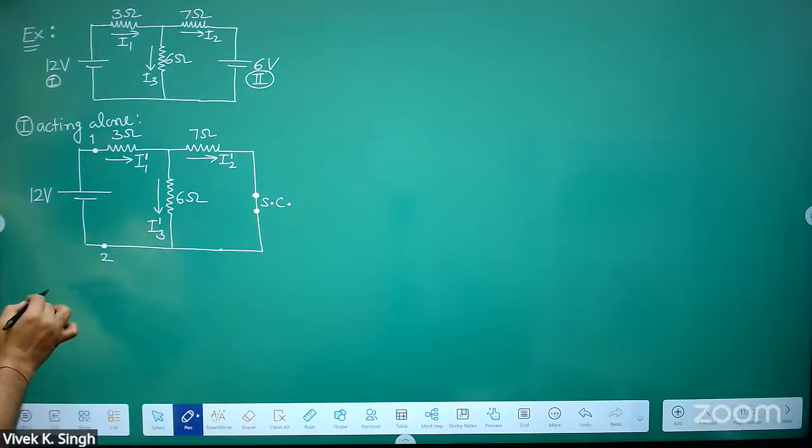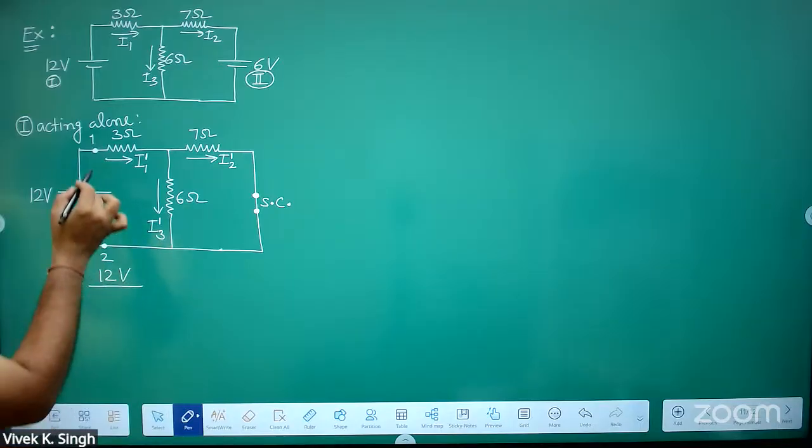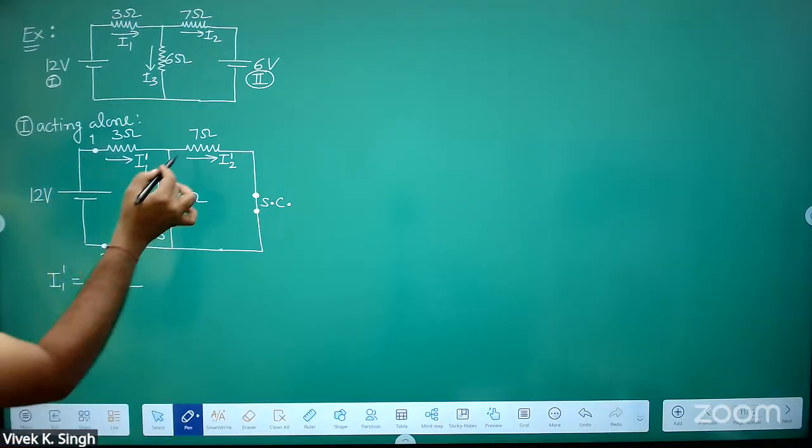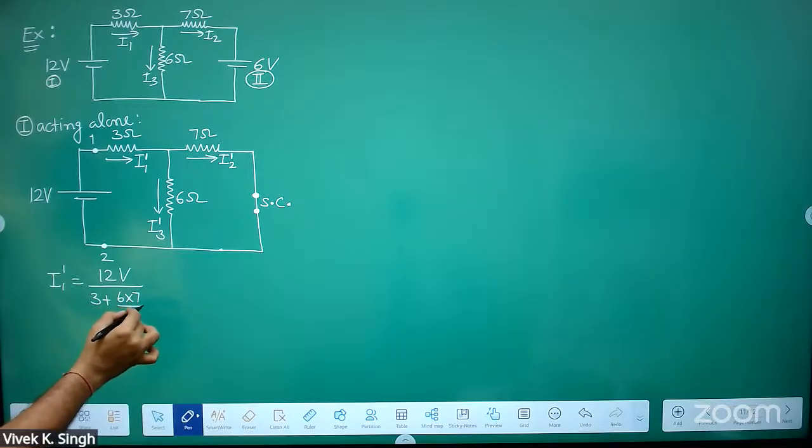So I1 dash current is given by 12 volt divided by the equivalent resistance between these two. These two are in parallel, and then this is in series. So 3 plus 6 into 7 by 6 plus 7. Calculate this value.